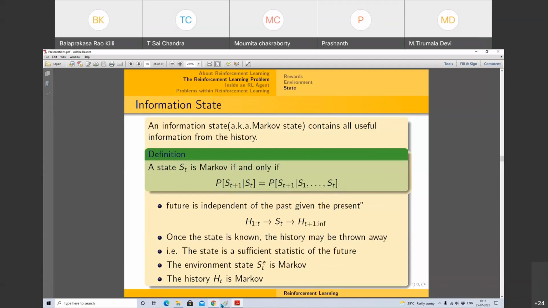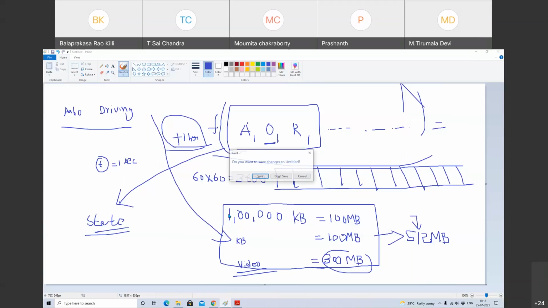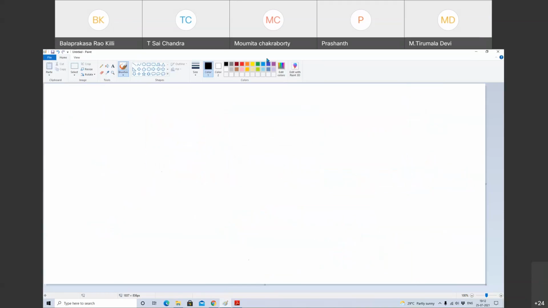That means what? Let me tell you here. Let us take the helicopter example. This is your current state, ST. Now, if you want to determine where exactly you will be after taking some action, ST plus 1, you want to determine what is ST plus 1.